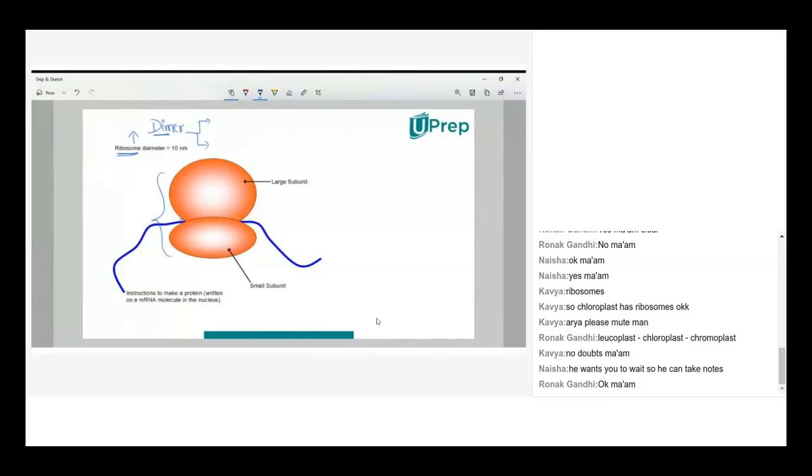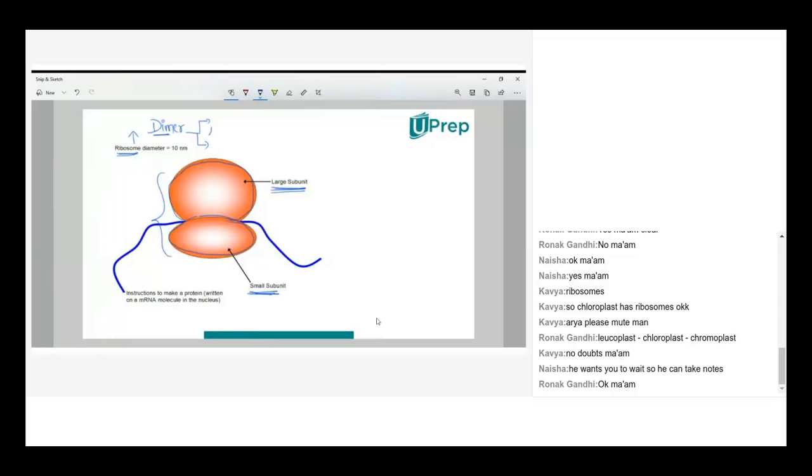The upper shape is somewhat like a dome and is bigger. The lower shape is somewhat oval, which is smaller. The bigger one we call the large subunit, and the smaller one we call the small subunit.